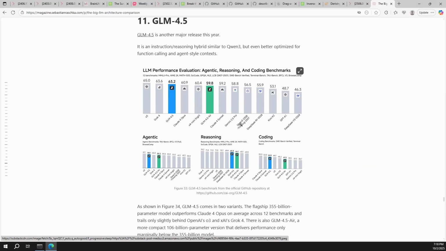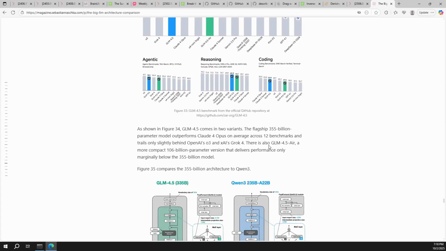Here's the Qwen 3 Thinking, Kimi K2, and then some other things, agentic reasoning coding. So the flagship is 355 billion parameters, and supposedly outperforms Claude 4 Opus on a bunch of these benchmarks.